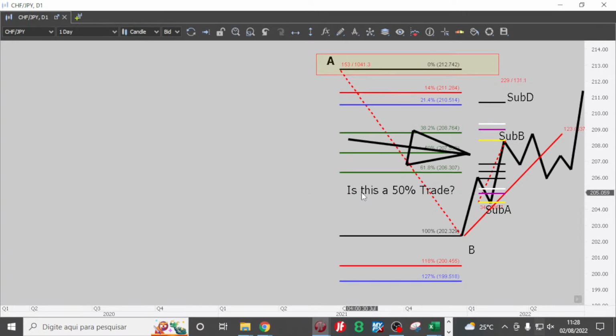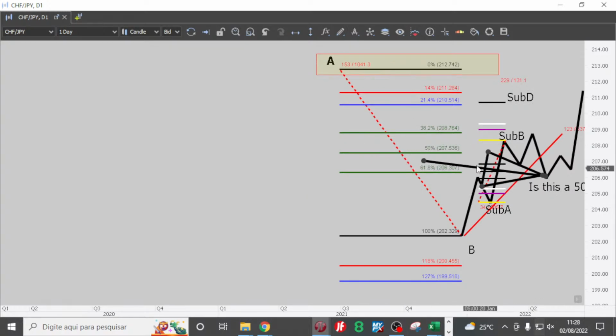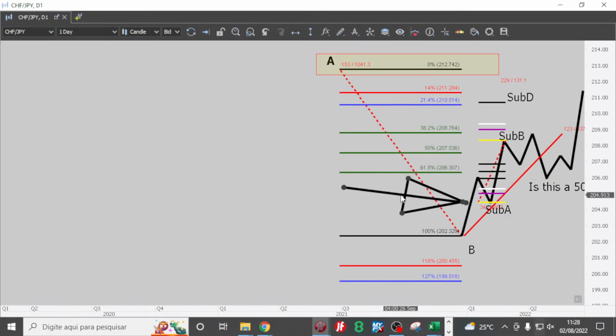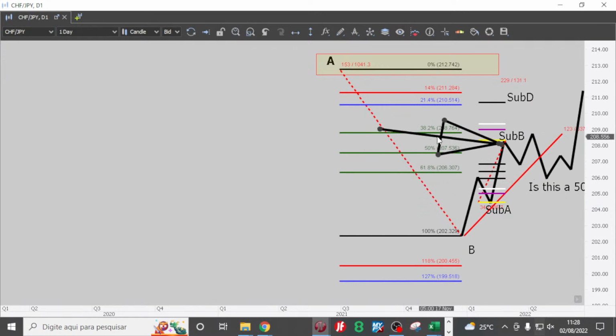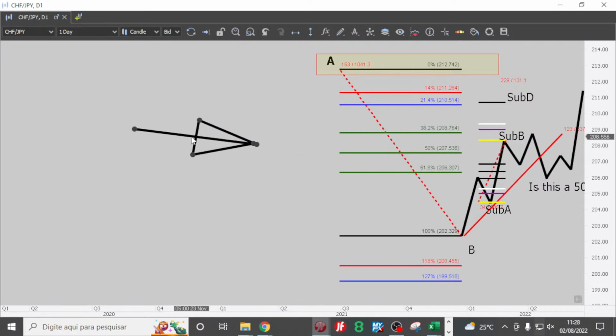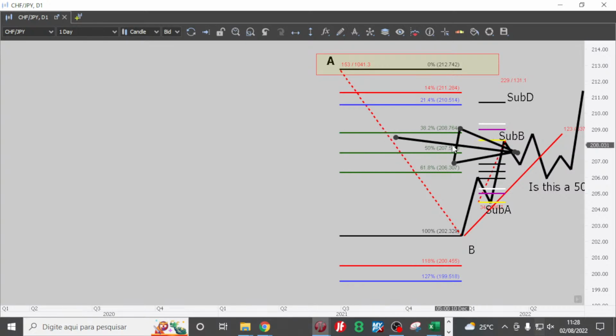You enter a 50% trade, my friend. 50, oh, but it made a lower low. Yes, it did. But who is stronger? Is the Fibonacci stronger, or are the short-term trends stronger? Hello Queen, this would be a 50% trade. We don't have the confirmed seed. Thank you very much. Excellent. Absolutely.